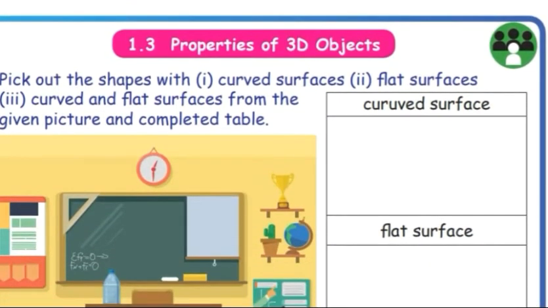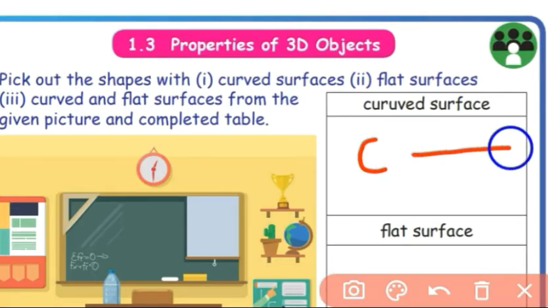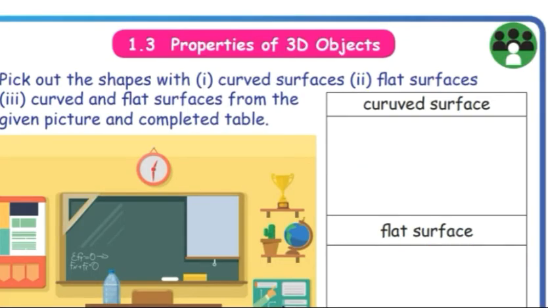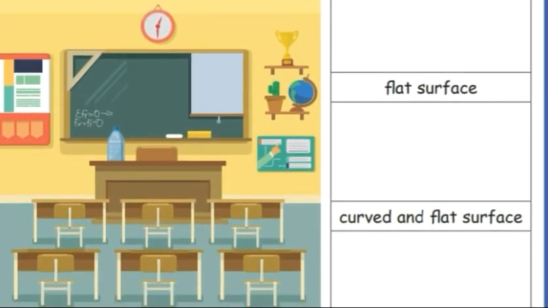Next, properties of 3D objects. Pick out the shapes with curved surfaces, flat surfaces, and curved and flat surfaces from the given picture and complete the table. So, you have to write here curved surfaces, flat surfaces, and curved and flat surfaces. See this picture.